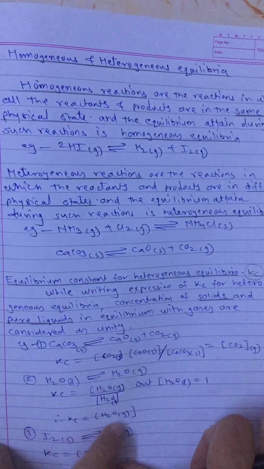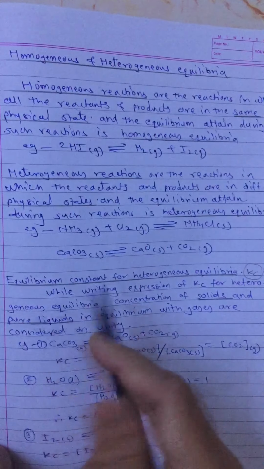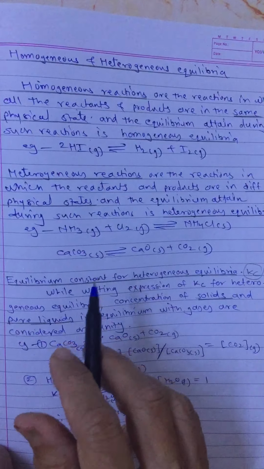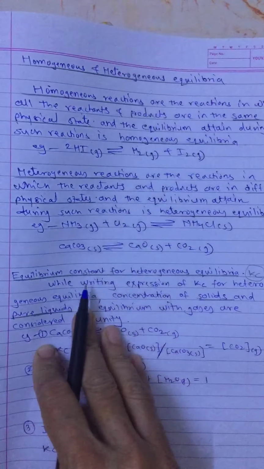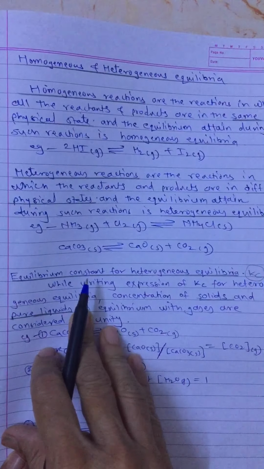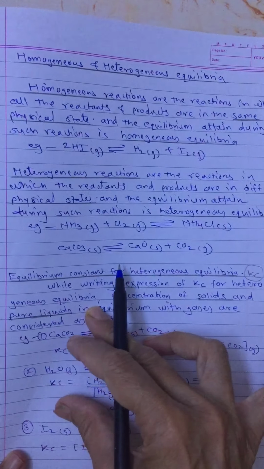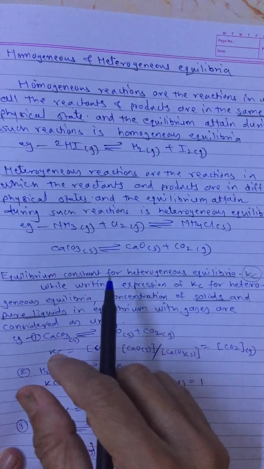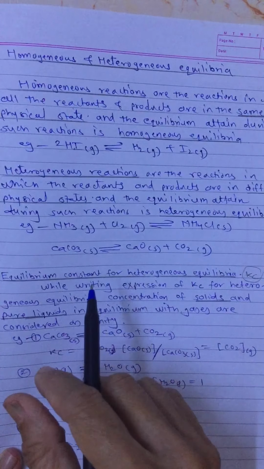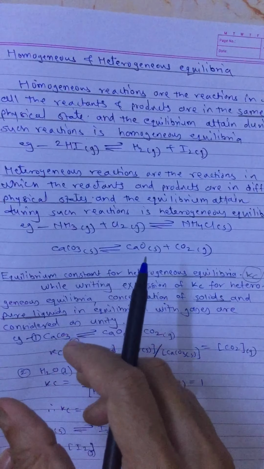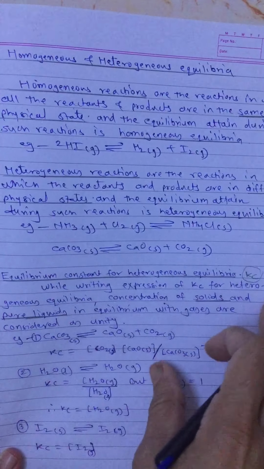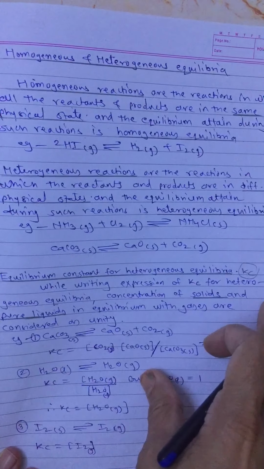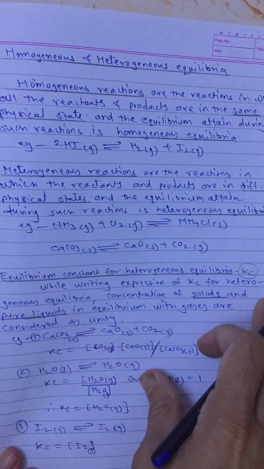They are in the same physical state means what? Either they will be all in solid state or liquid state or gaseous state. If such reactions are reversible, then equilibrium will be attained. And the equilibrium attained during such reactions is homogeneous equilibrium.